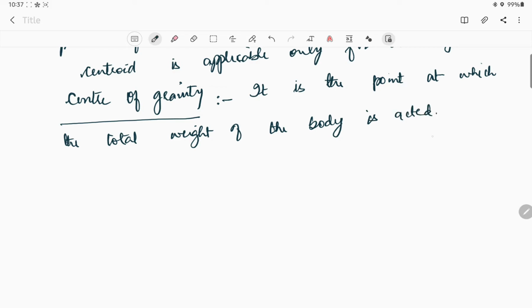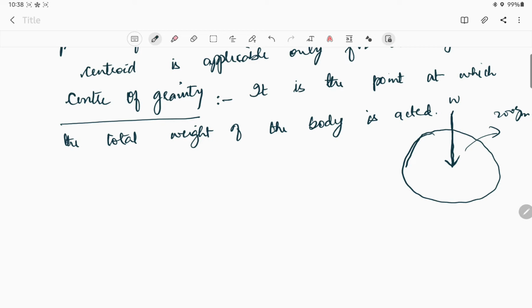Suppose I have a ball here, a rubber ball. If I keep the ball, where will the weight act? The weight will act exactly at the center of the body. Suppose the weight of the ball is 200 grams. Weight will act exactly at the center of the body. So it is the point at which the total weight of the body is acted.